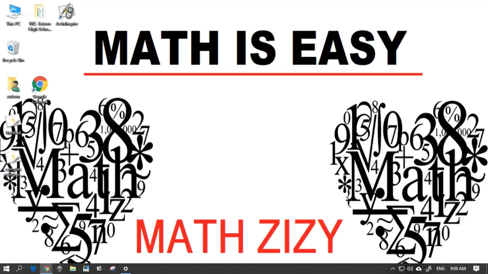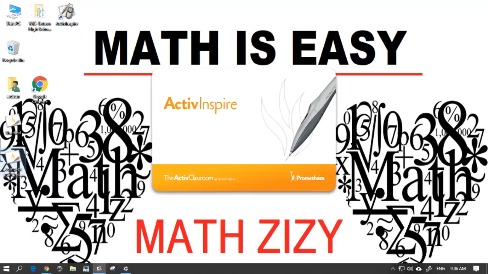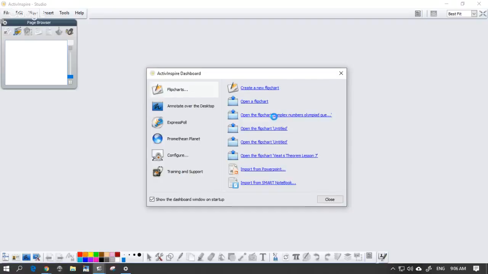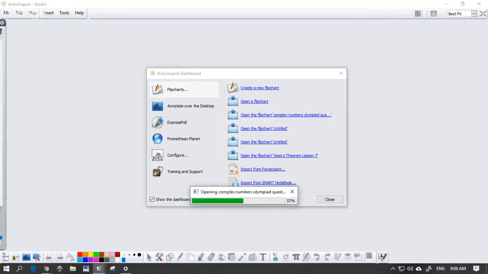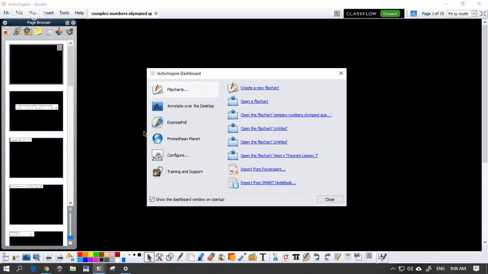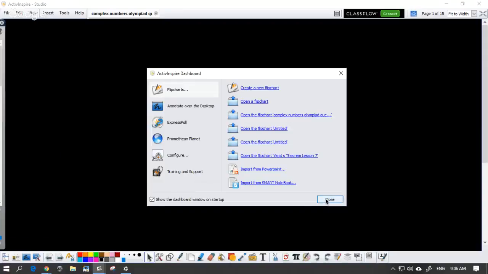And we are going to start the complex numbers. Here it is. Okay, these are the last questions.